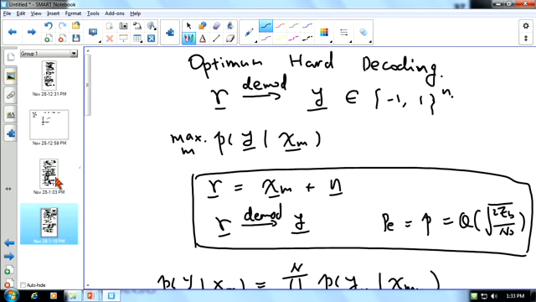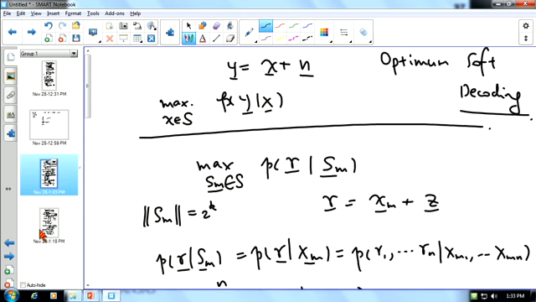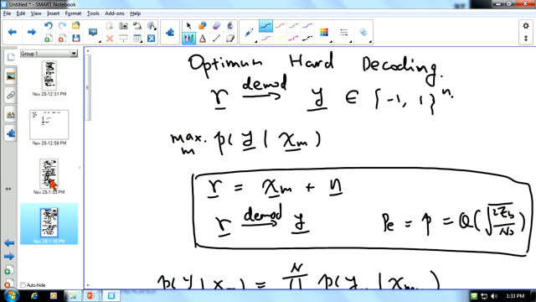For hard decoding, we have thrown away information. So the more information that we use, the better performance that we will get, right? During the detection process, for hard decoding, we are detecting all the real information into just the two binary values. It's like quantization, right? We are throwing away useful information.